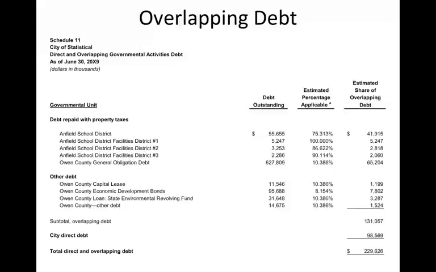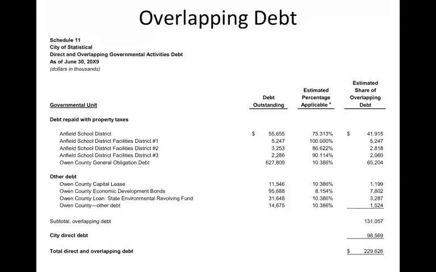But if you look at this debt as a whole and make some assumptions that allow you to figure out what percentage of that debt is applicable to the citizens of this jurisdiction that you care about, you can get a sense of this broader burden, as some context for looking at the direct debt of the government that you're concerned with.